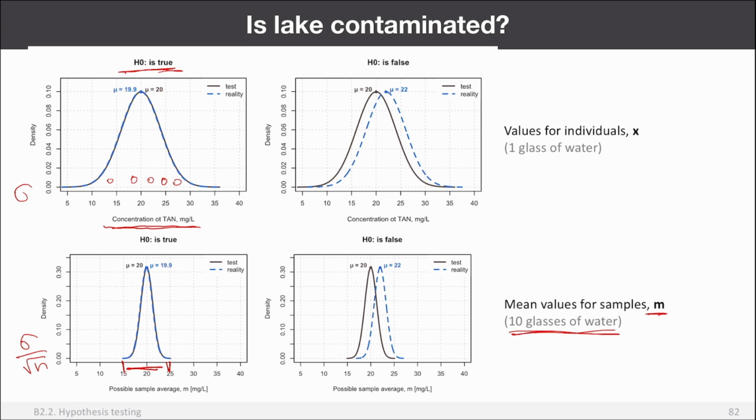So if you take 10 glasses of water, your variation will be almost more than 3 times smaller. And this is what we are interested in. We are interested in average concentration, right? Similarly, when the null hypothesis is false, you can see that in this situation, the reality and the test are highly overlapping because the difference is very small and the variation is the same.